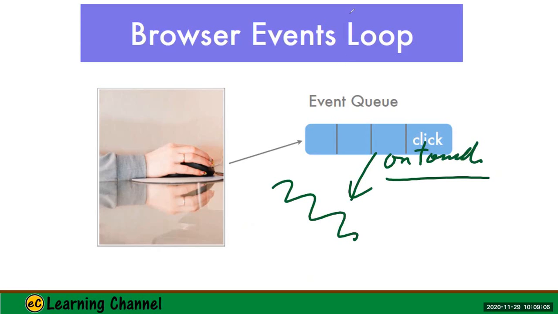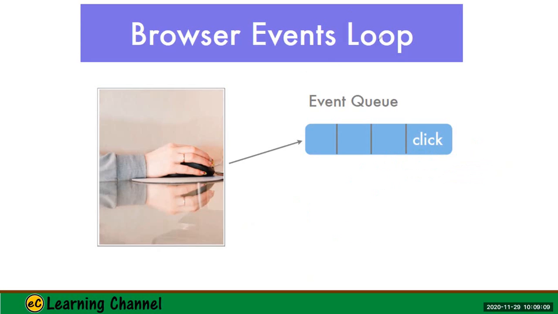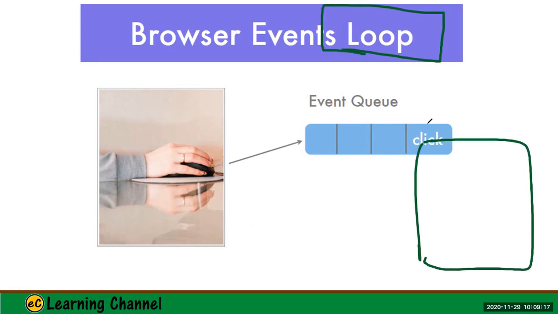So first thing, before we go into the event, we need to know about something called the event loop. What is the event loop? It is in my Chrome browser. You are browsing, so you may click the mouse, you can type on the keyboard, and you can do a lot of things. It creates a lot of events, E1, E2, E3.